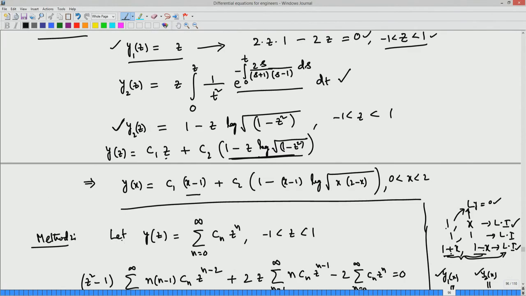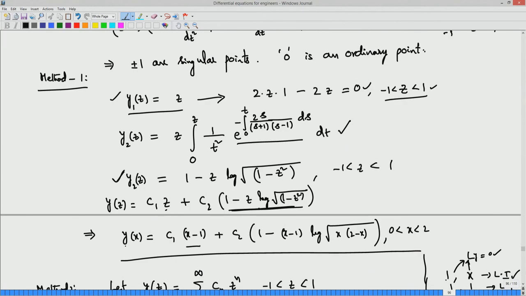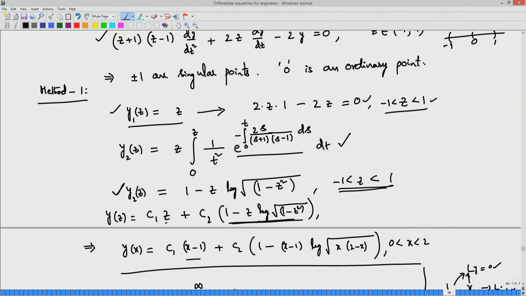And in method 1, what you calculated is this. Even though y2 is actually valid here, look at the way you calculate it. I took the domain from 0 to z dt.